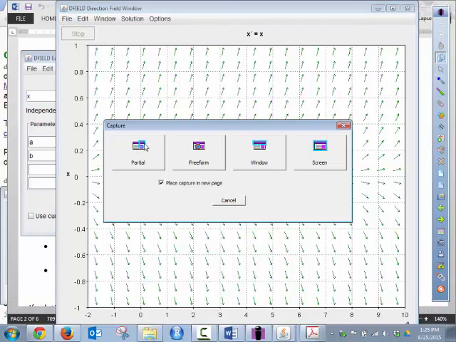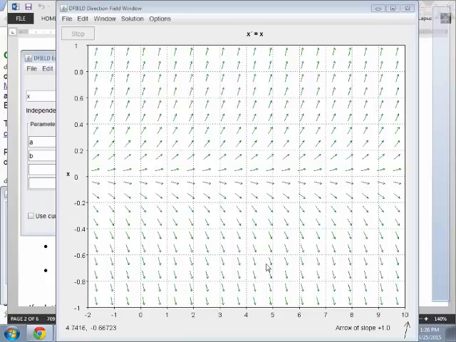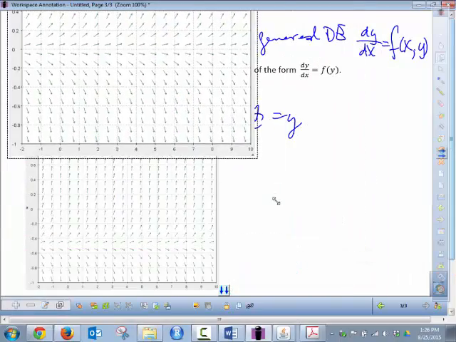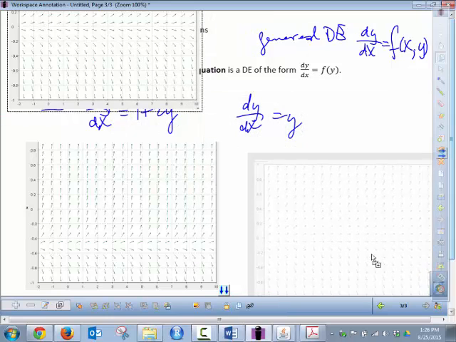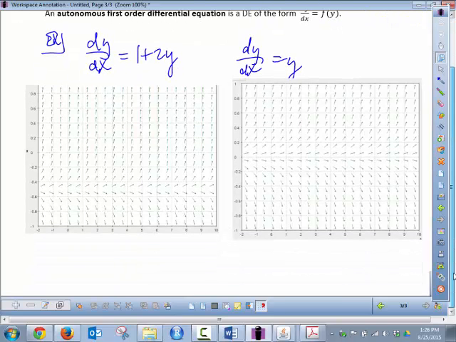Seems pretty plain. So I shrunk it down so it might be harder to see, but do you see anything distinctive about these examples of autonomous differential equations?